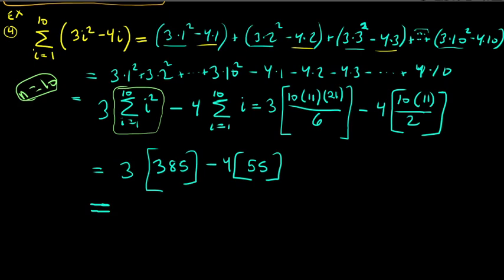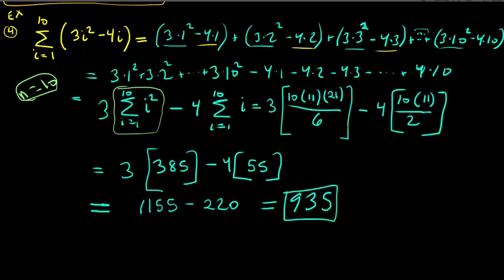It's 1155. Minus 55 times 4 is 220. So when you take away the 220, you get 935. And so that's the answer to this.